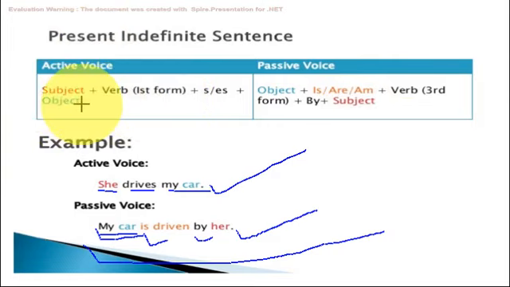If the subject is singular, then you have to add s or es in the end of the verb, depending on the last letter of the verb, and then object. But in passive structure we see object plus the forms of to be, either is, are, or am, plus third form of verb, plus by, plus subject. Your sentence will be ready.